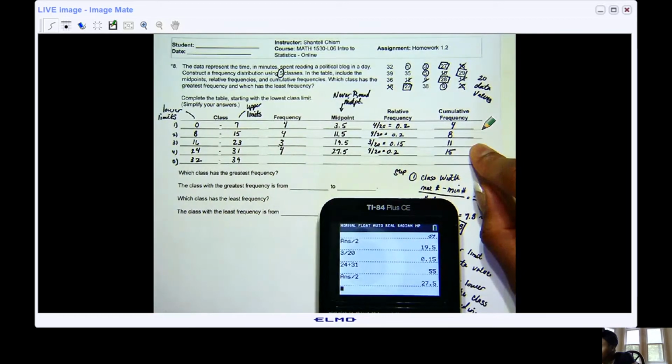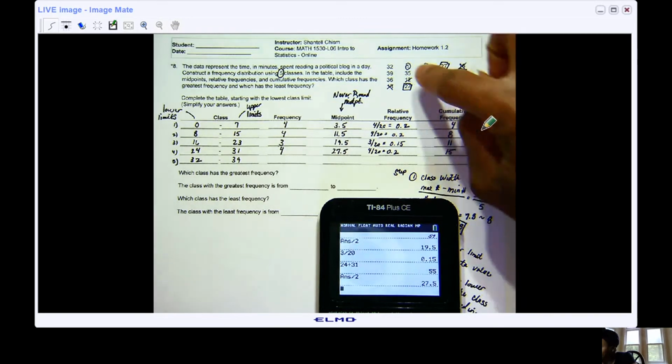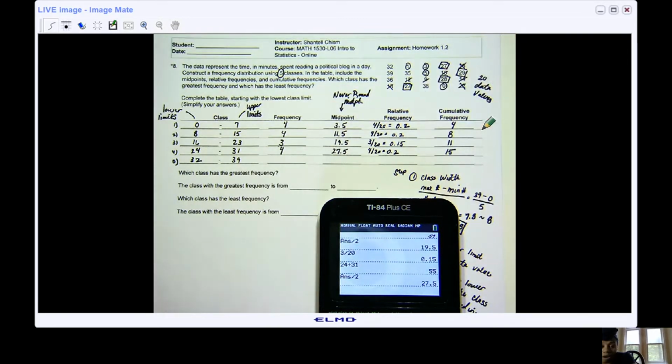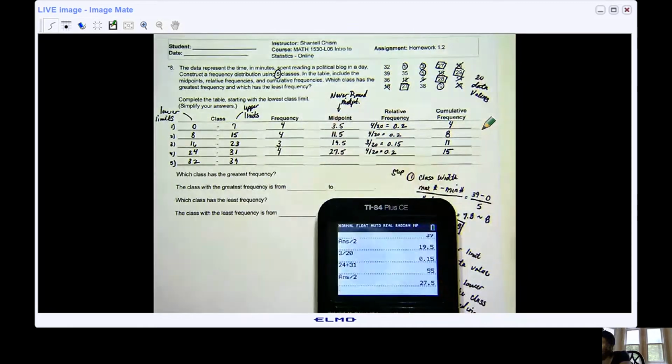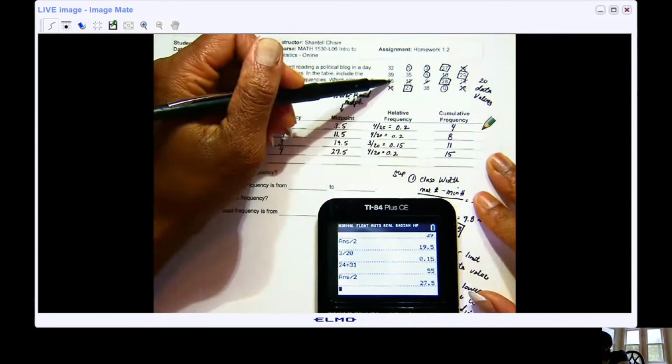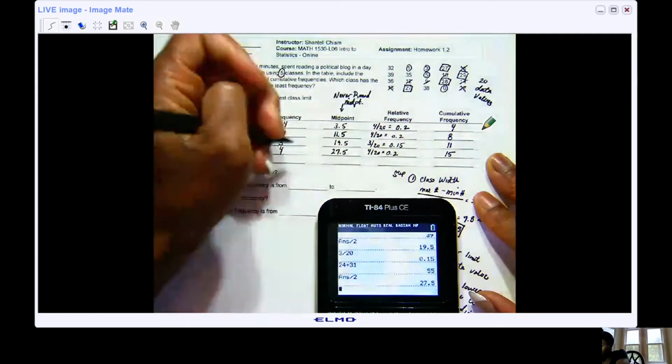Okay? So we've got one class left, and this last class ranges from 32 to 39. That should be every number that is not marked off, not circled, not boxed off, or doesn't have a slash through it. The rest of the numbers that have no markings belong to the last class. So that is 1, 2, 3, 4, 5 of them.